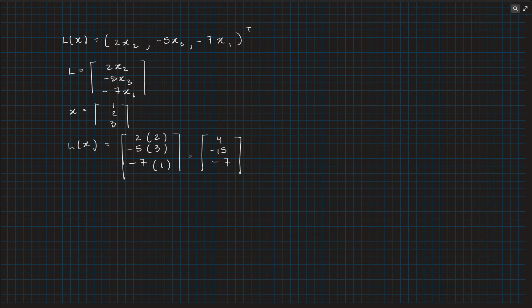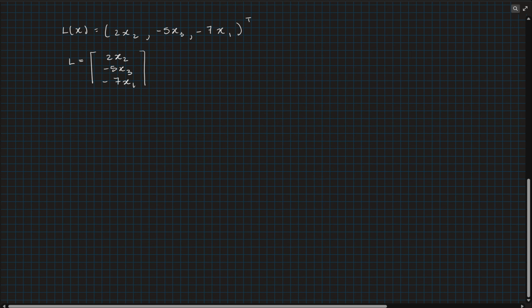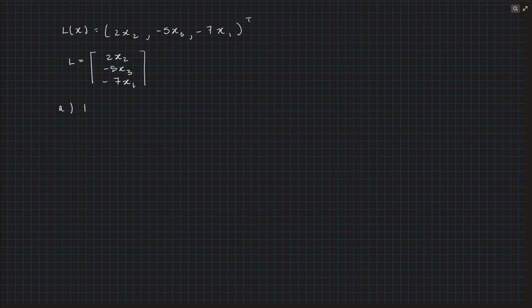There are two conditions, and then there's obviously checking first if the zero vector exists. So our two conditions are A, L of f plus g needs to equal L of f plus L of g.